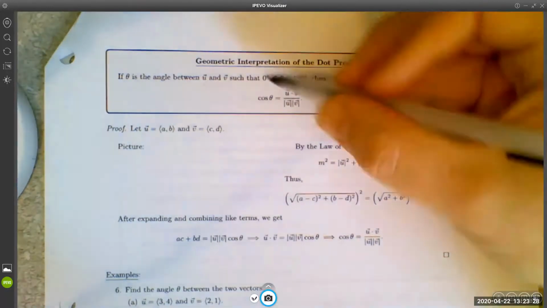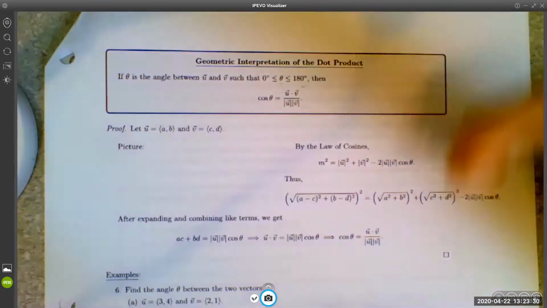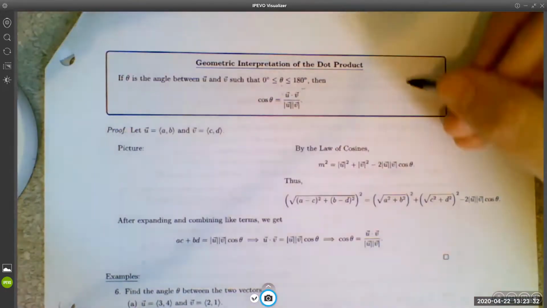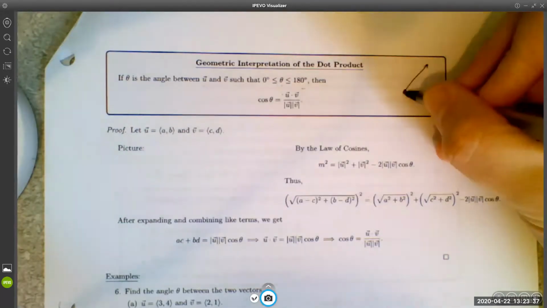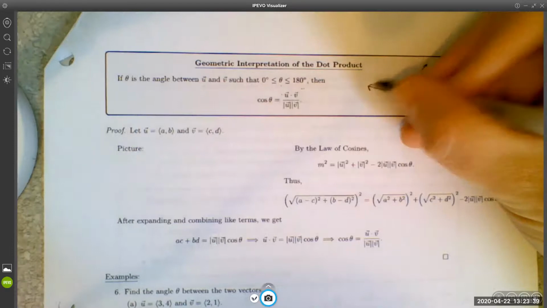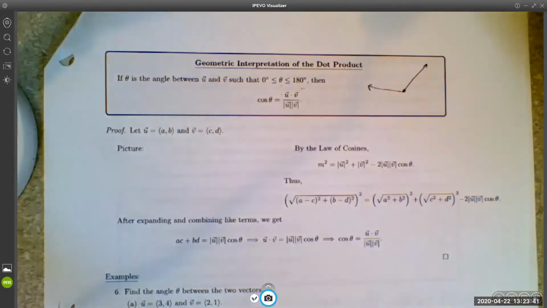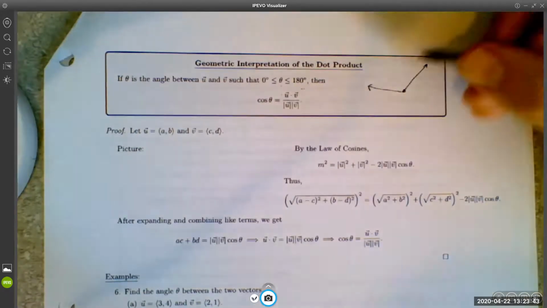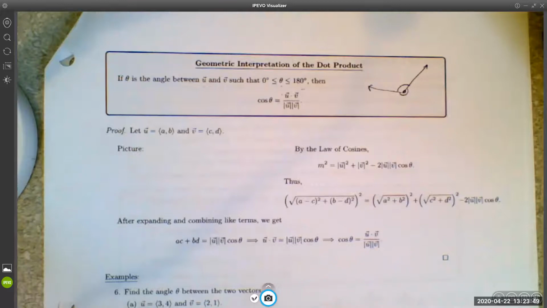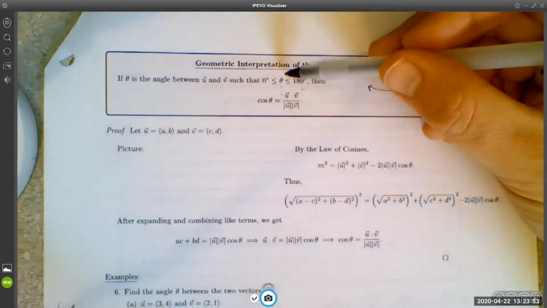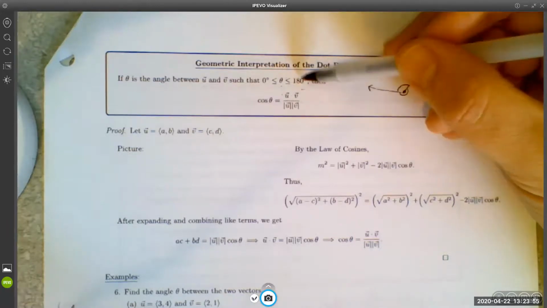When I say theta has to be between 0 and 180, imagine that you've got two vectors, maybe going off something like this. This forms two angles, right? It forms an angle this way, and it forms another angle this way. The angle that we're interested in is the one that is less than or equal to 180.